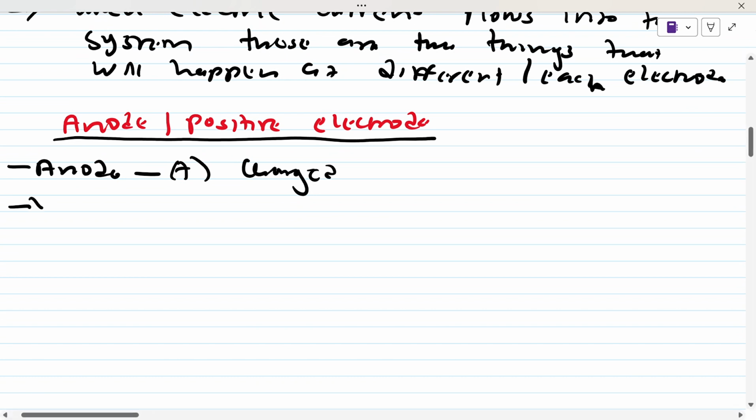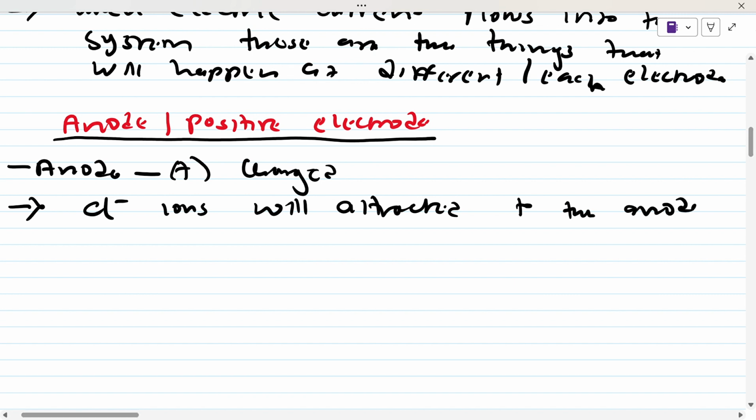So when electric current flows into the system, chloride ions will be attracted to the anode. They'll be attracted to the anode.